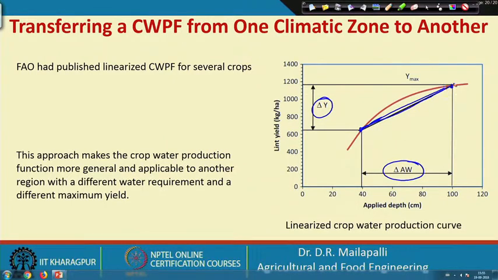Knowing this point, or any point on it, and knowing the slope, you can find out the line equation. Let us see that.